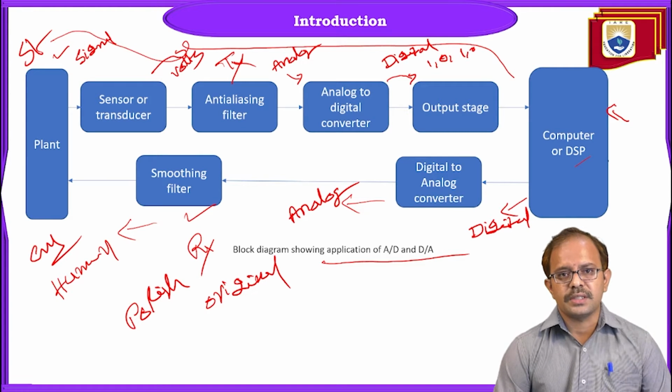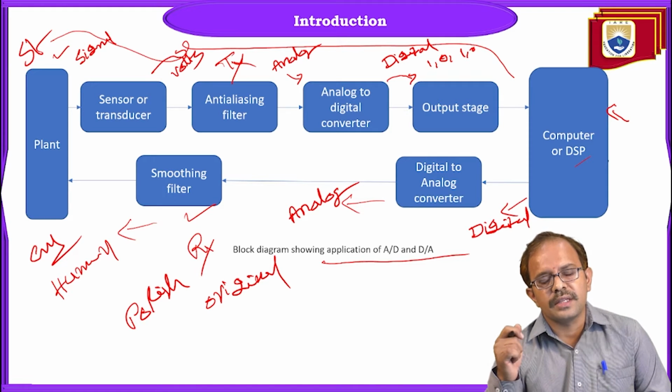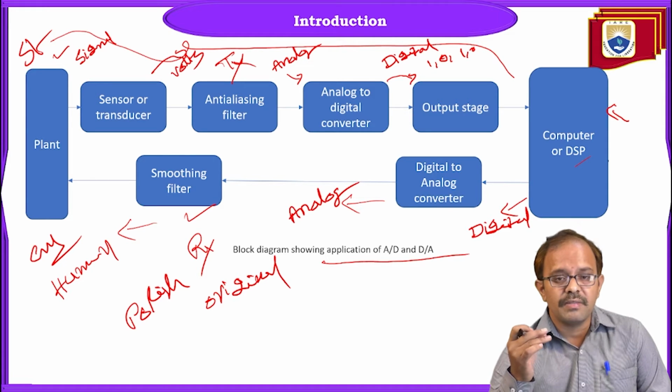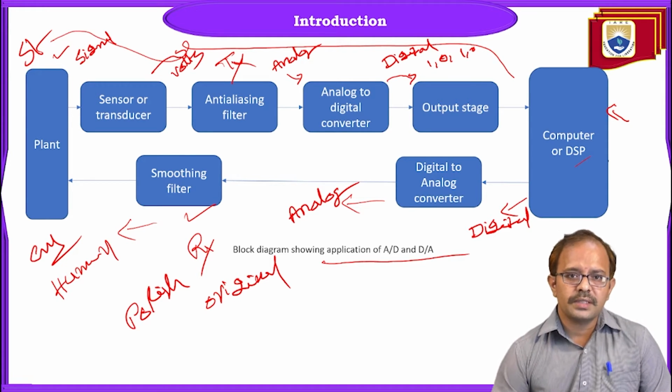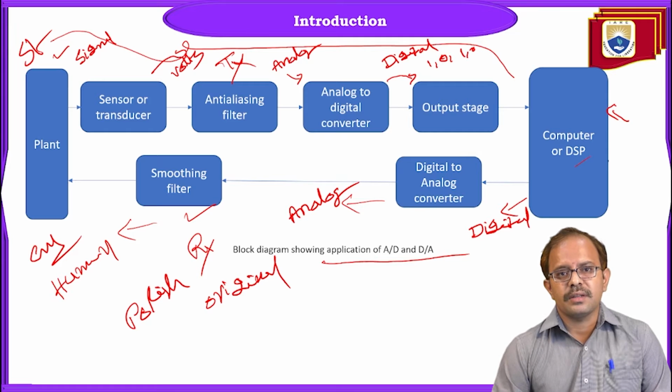Since processing of an analog signal is quite tedious, it requires multiple applications, and even the hardware or software requirements are going to be very challenging if we want to process the analog signal.